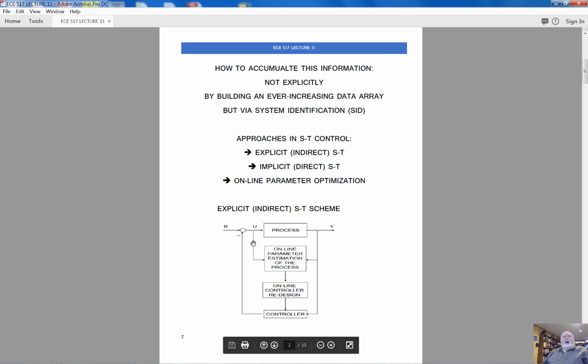Here we obtain characteristics, transfer function, or state variable definition of the controlled plant in the most explicit form. Matrix A, matrix B, matrix C, or parameters of the numerator of the transfer function, parameters of the denominator of the transfer function. We use this data to redesign the controller.